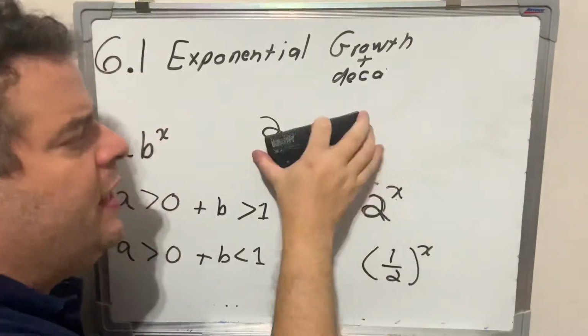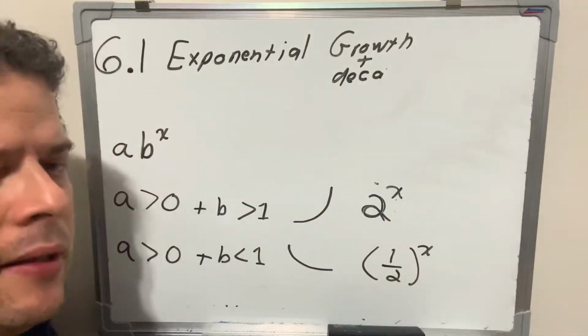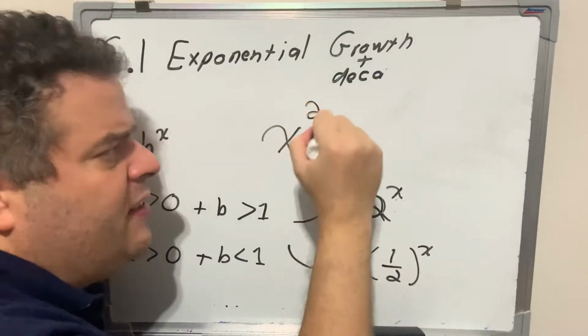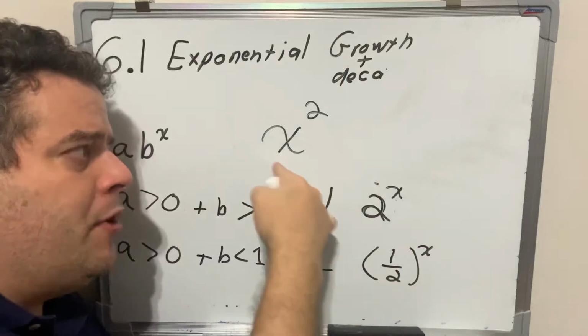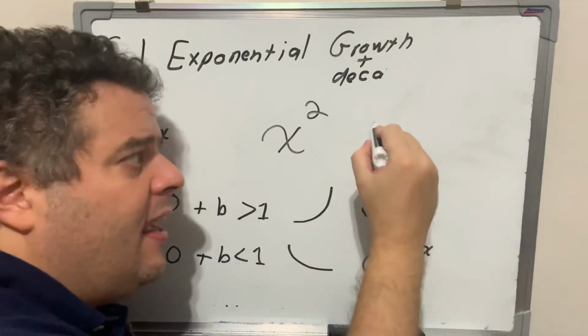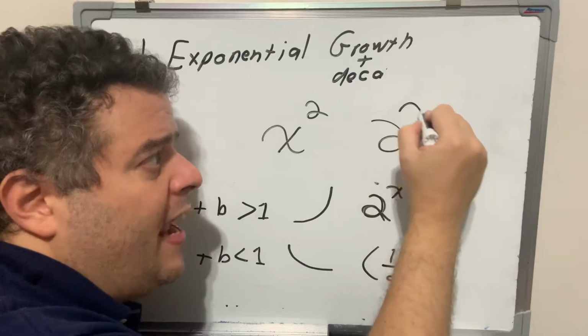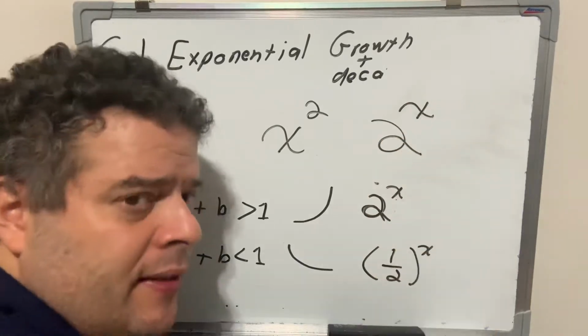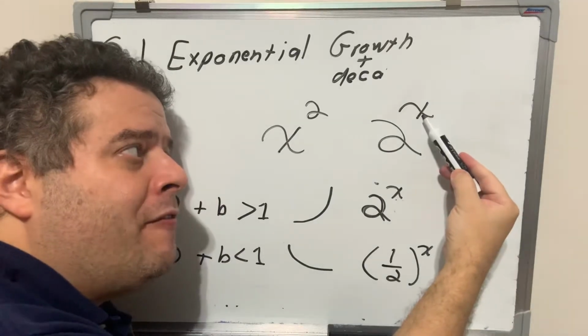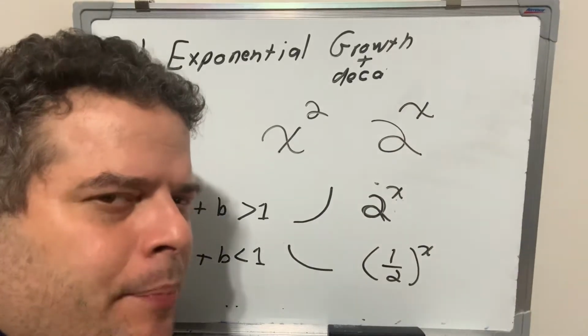Now, what do exponential functions look like? Sometimes students get confused. This is a quadratic. A variable to a power is a quadratic function. A value to a variable exponent, that's an exponential function, when the variable is the exponent.